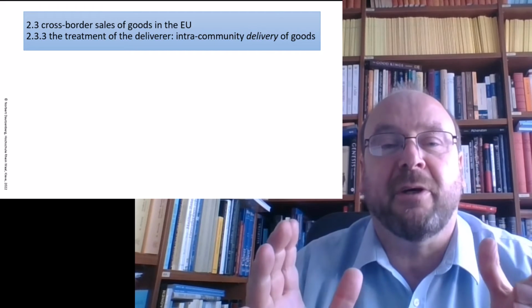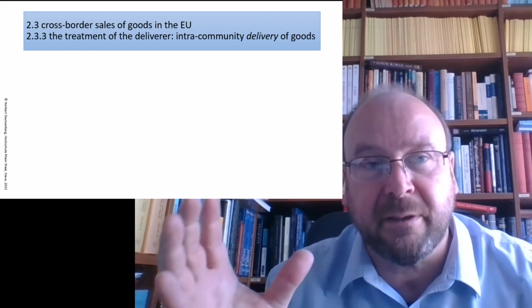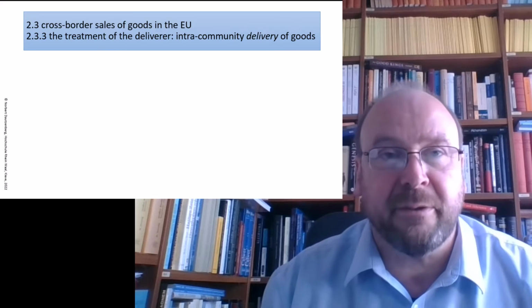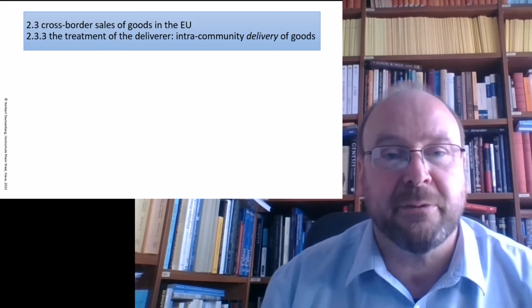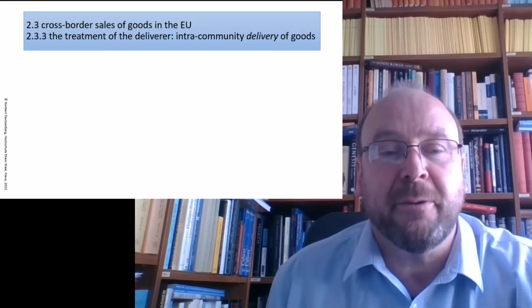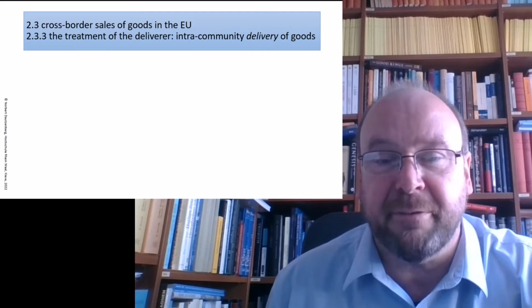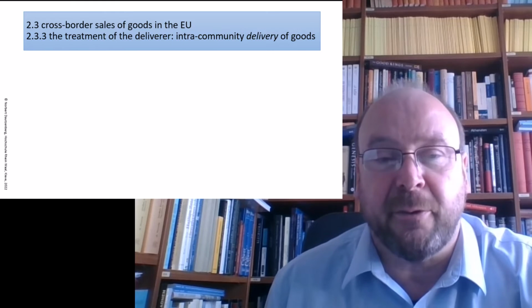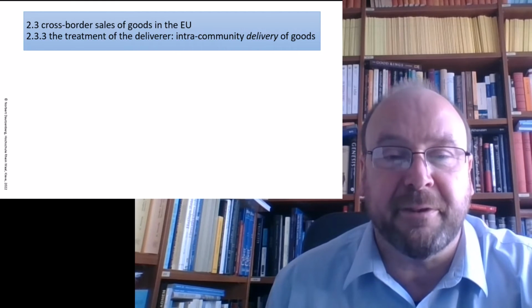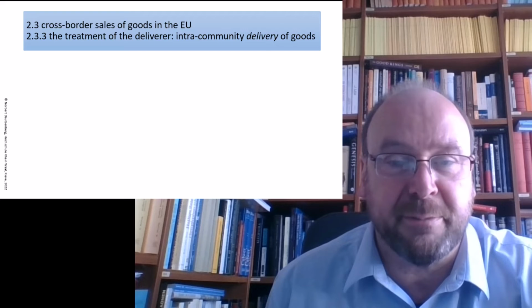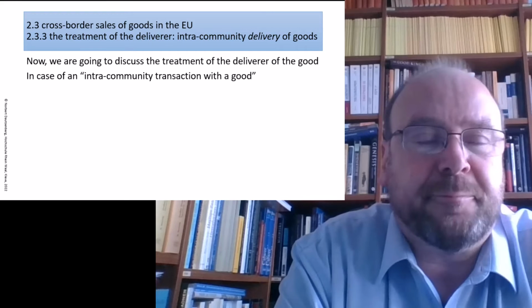Otherwise, you have no chance to see if these two declarations, country where the goods come from, country where the goods go to, match. And so we also have to talk about the treatment of the deliverer. That is called the intra-community delivery of goods, and that is what we're going to speak about now.